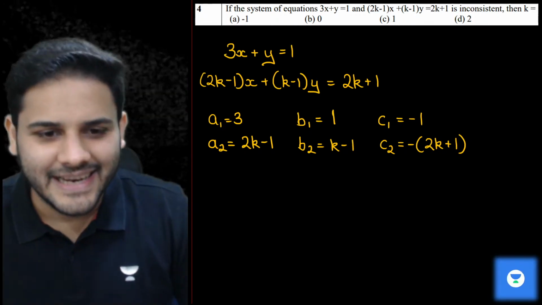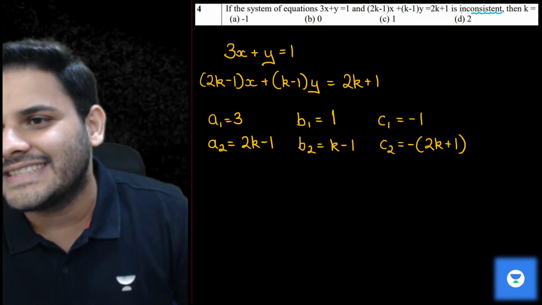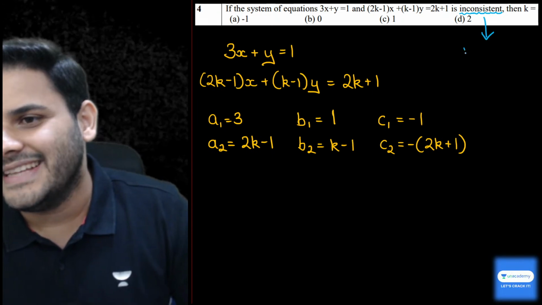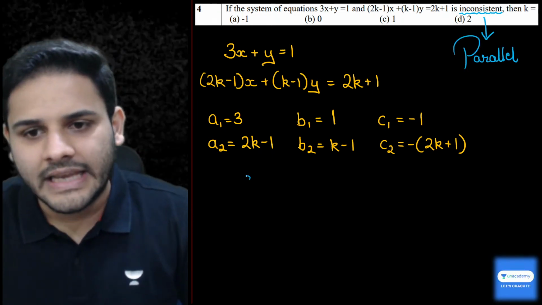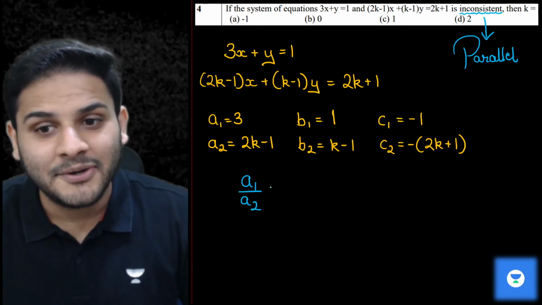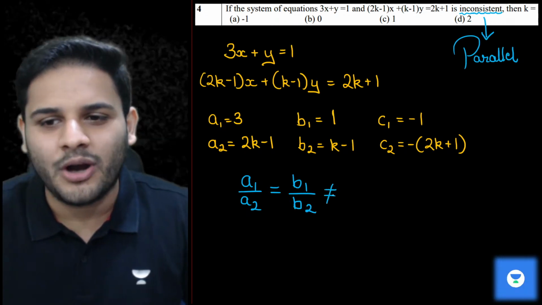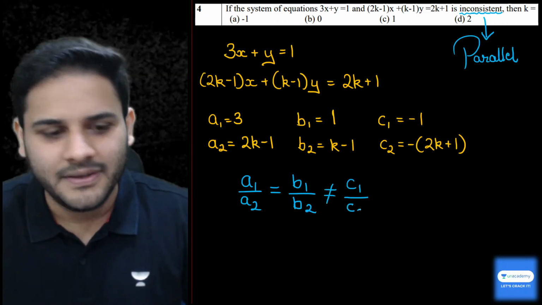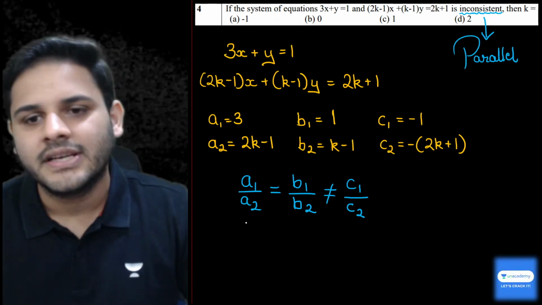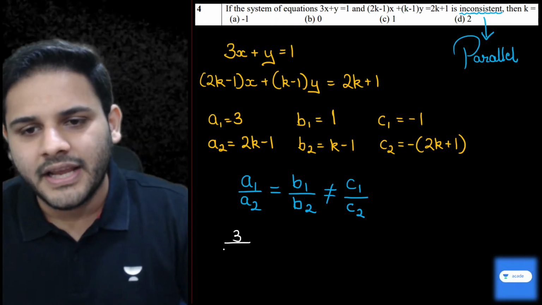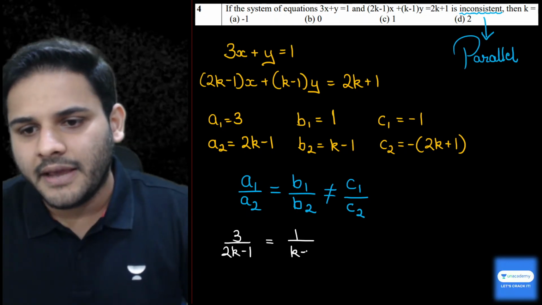Parallel, absolutely correct. So now when they have mentioned here inconsistent, that means it will be parallel. So for parallel we have a1 upon a2 is equal to b1 upon b2 but is not equal to c1 upon c2. So can we substitute here the values? Of course, yes. We will have 3 upon 2k minus 1 equals 1 upon k minus 1.